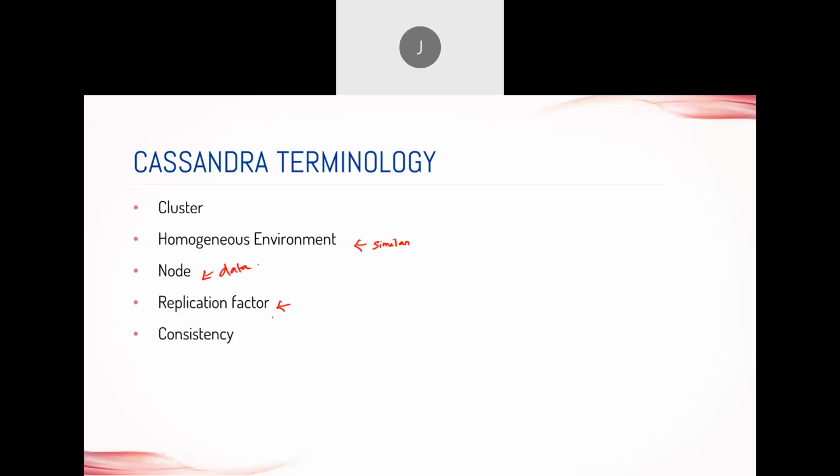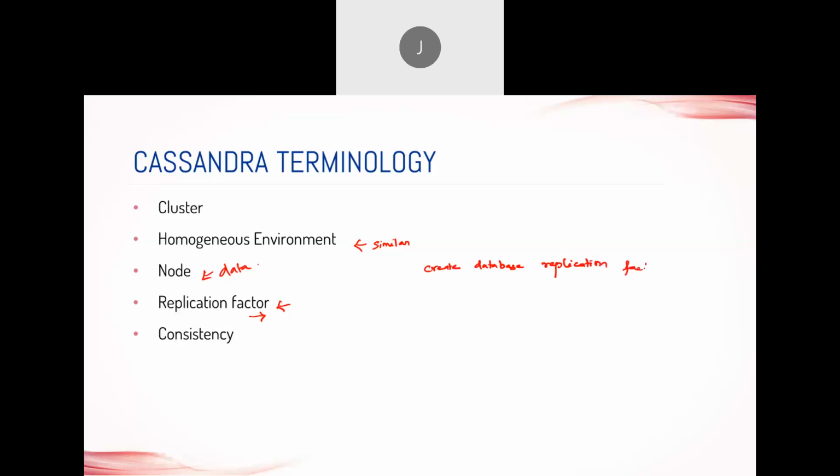And the replication factor: replication is specified during the creation of the database. Whenever you have a database, first you need to create it. During the creation of the database, you can specify how you want your data to be replicated. This is the replication factor.